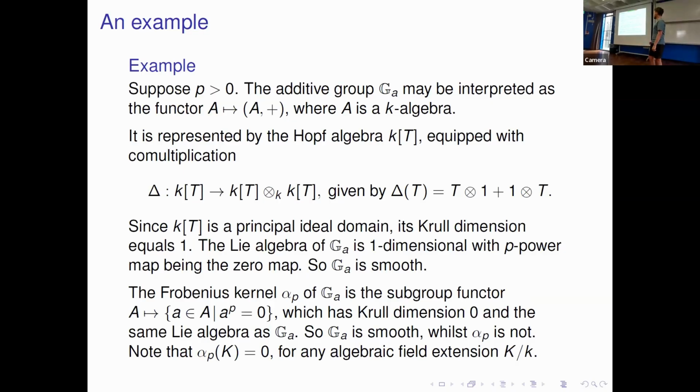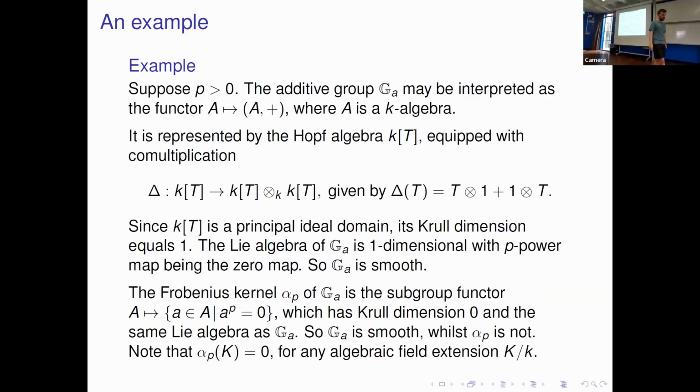All right, and I'll give you some justification of why G_a is smooth. Its Lie algebra is one-dimensional, and its curl dimension is one. Therefore, it's smooth. But let's take its Frobenius kernel, by which I mean this subgroup functor: the p-th roots of 0.